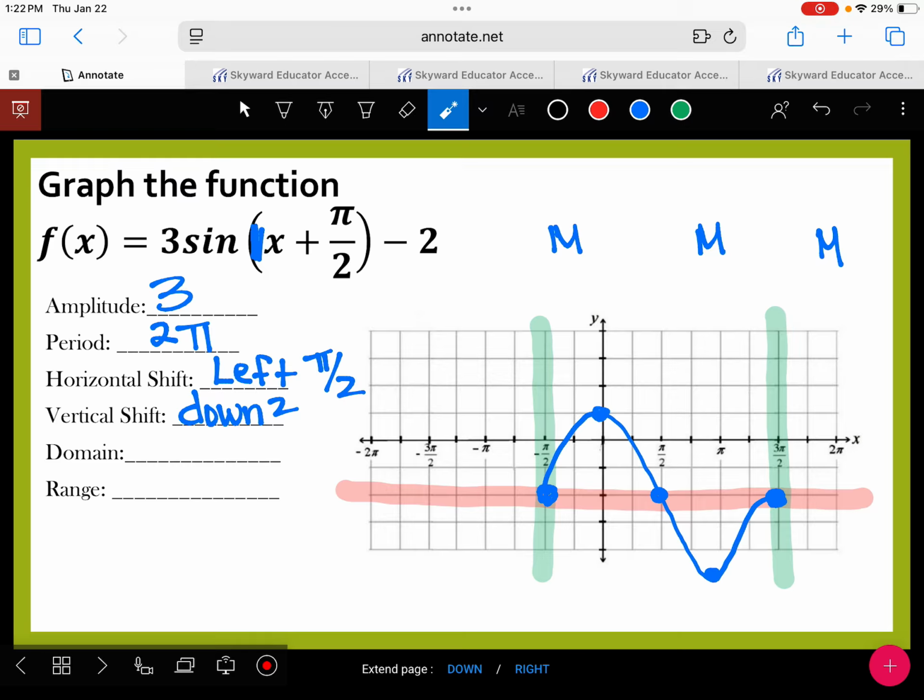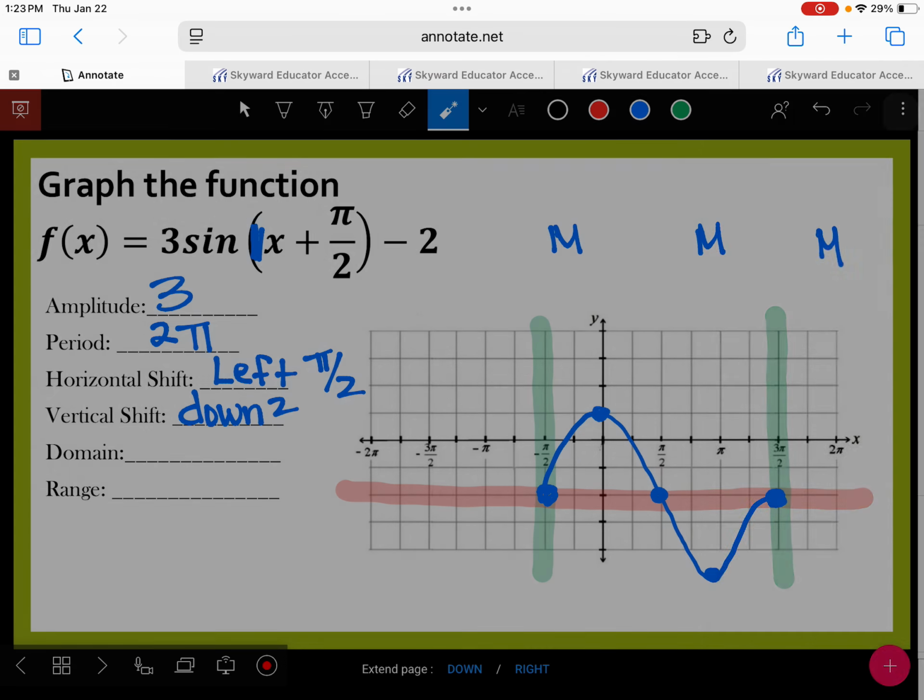All right, go ahead and finish your graph. Finish it out. When you do your graph, you have to cover the entire grid. You have to fill the entire grid.